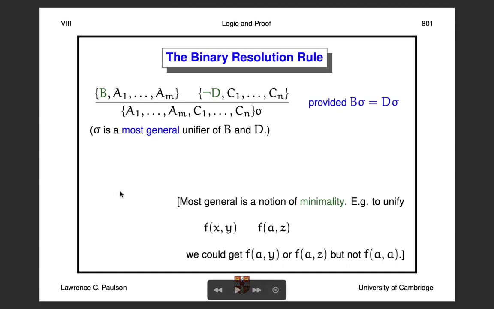So as I have in this example near the bottom of the slide, let's say we want to unify these two terms here, f(x, y) and f(a, z). So x is a variable, and so x has to be instantiated with a. y and z are both variables, and it turns out we can choose. We can set y to z or z to y.